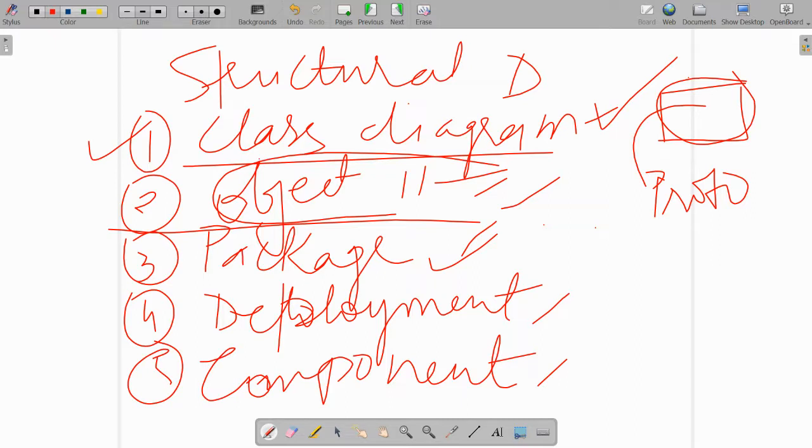Just as in the class diagram we saw different classes and their relationships, similarly in the object diagram there are different objects. They are like real life scenarios, because from a practical perspective we have to make a prototype. So to make the prototype we require this object diagram, and this object diagram requires the relationship between different objects, and these objects are nothing but real life scenarios which have to be implemented in a system. So different sets of objects and their relationships are used in the object diagram.